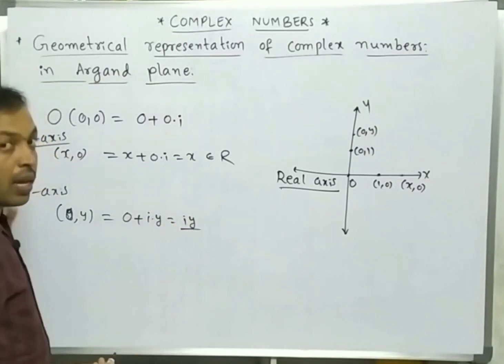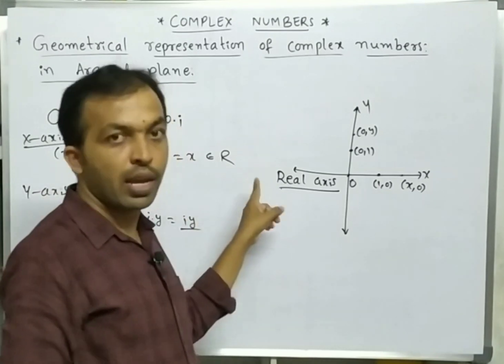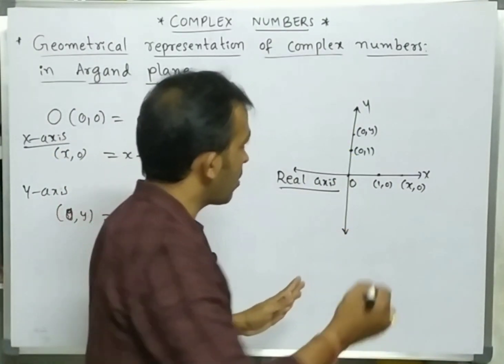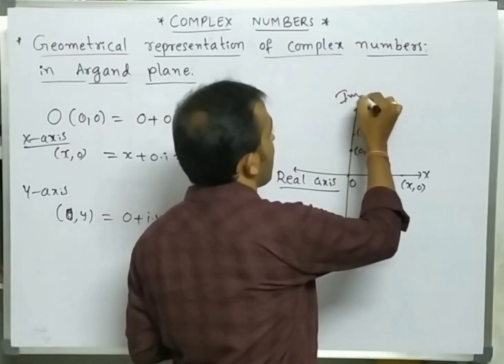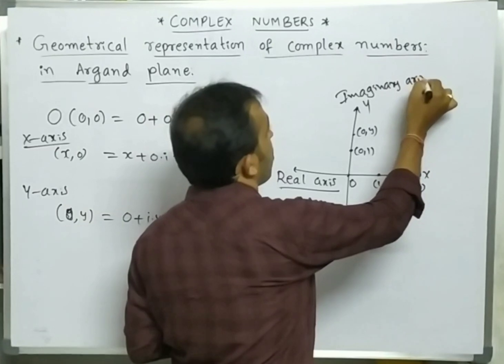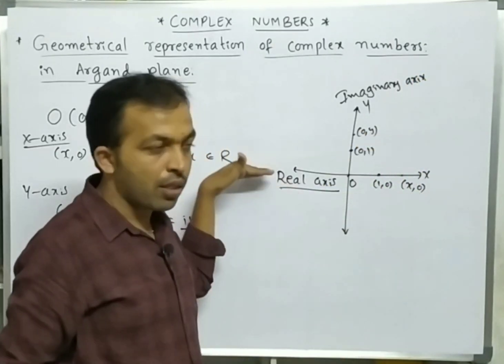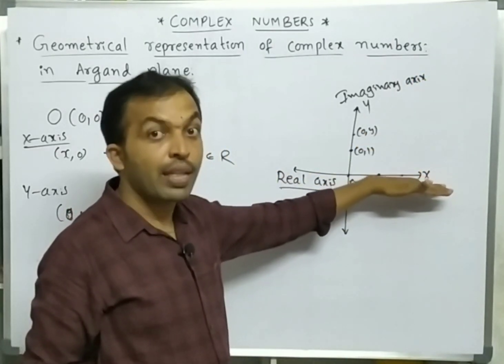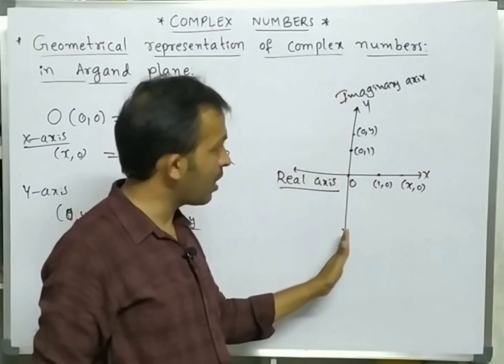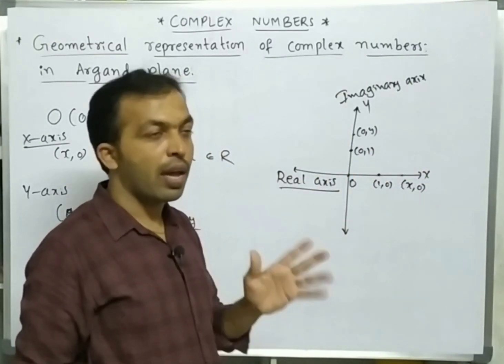This is purely imaginary, whereas the other is purely real. That's why this axis is called the imaginary axis. So in the complex plane, the x-axis is called the real axis, and the y-axis is called the imaginary axis.